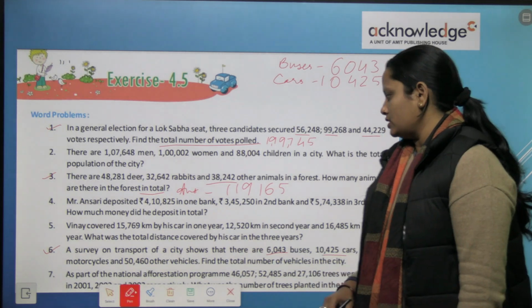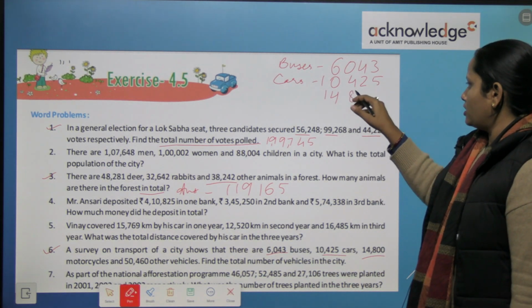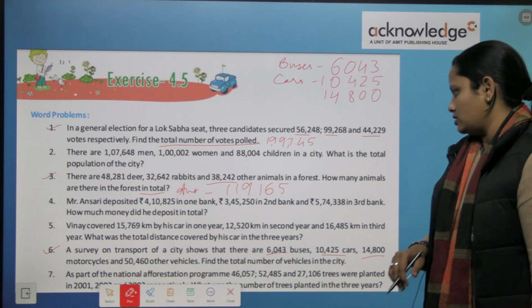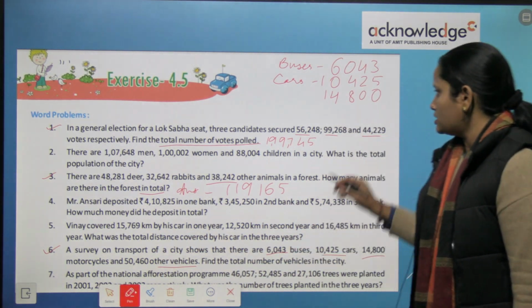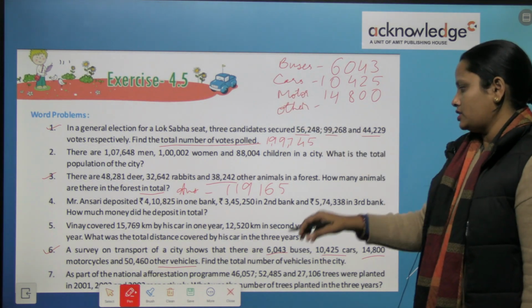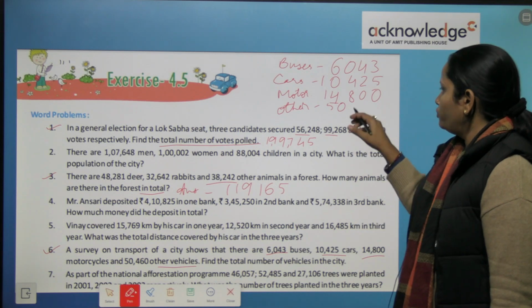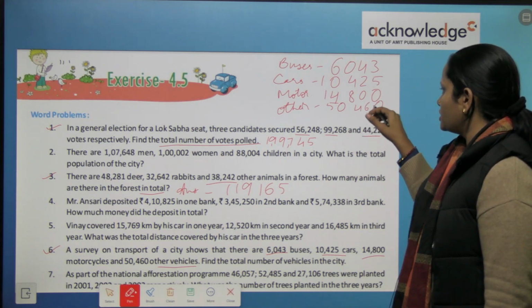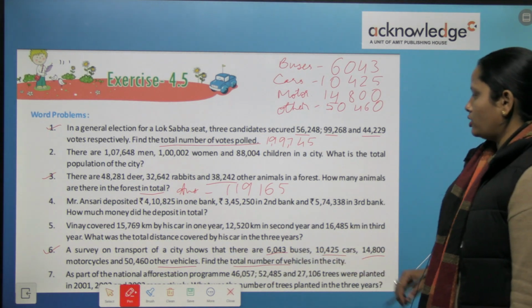These many motorcycles. So 14,800 motorcycles. And other vehicles are 50,460. So you have to find the total number of vehicles.